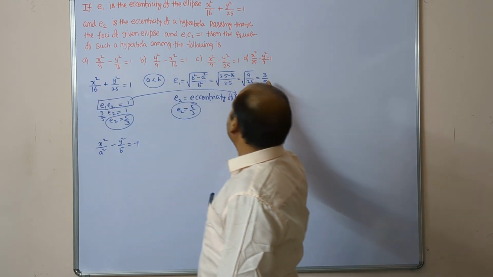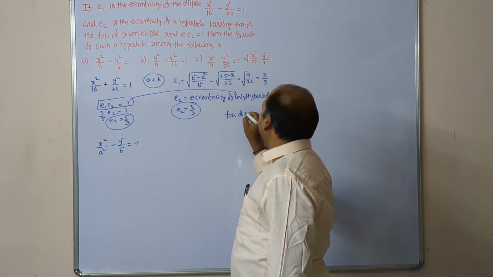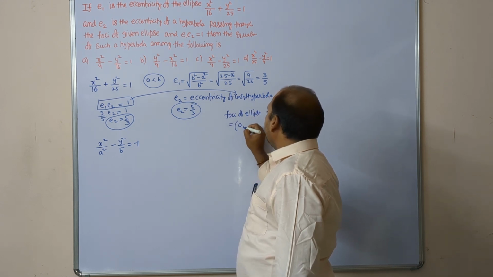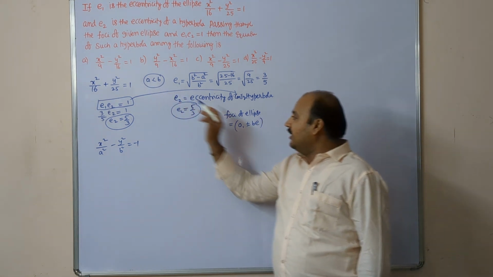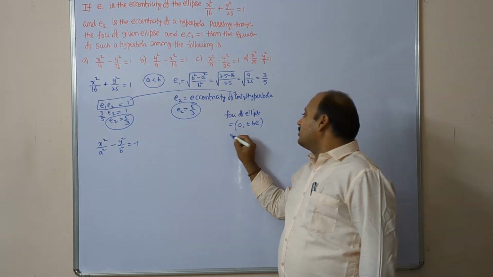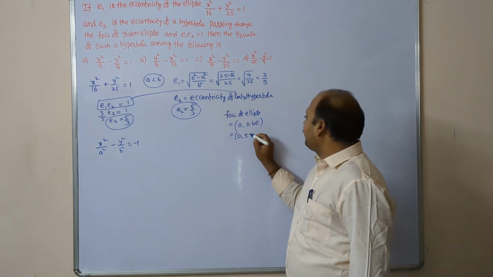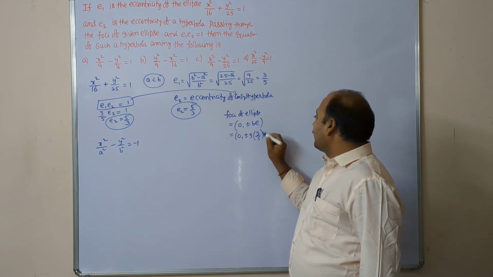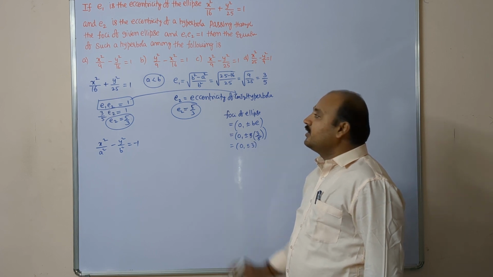The ellipse eccentricity is 3 by 5. Foci of the ellipse: whenever A is less than B, the foci are 0 comma plus or minus BE. So 0 comma plus or minus B, with B value 5 and eccentricity value 3 by 5, so 0 comma plus or minus 3.